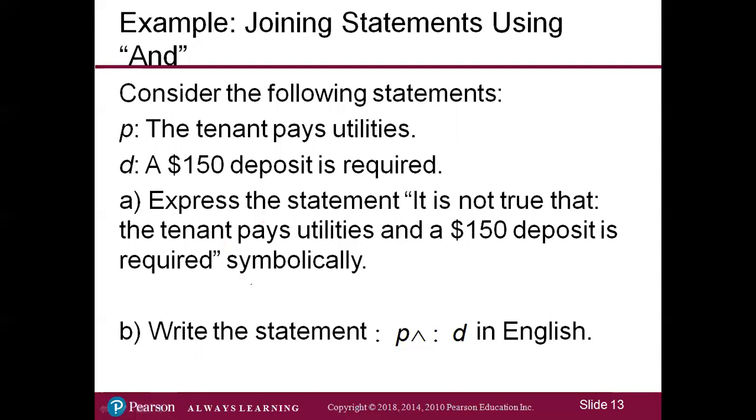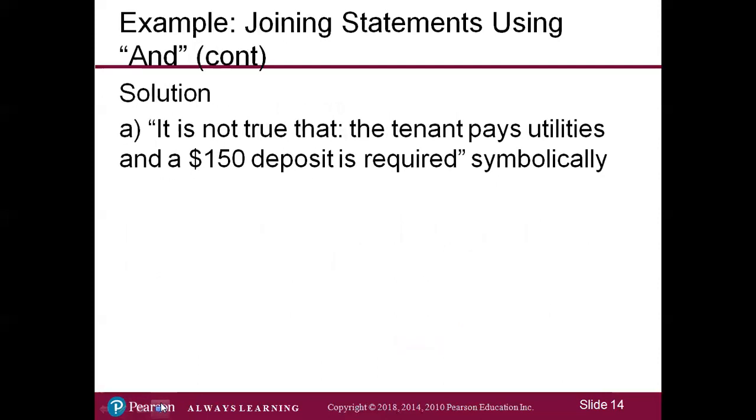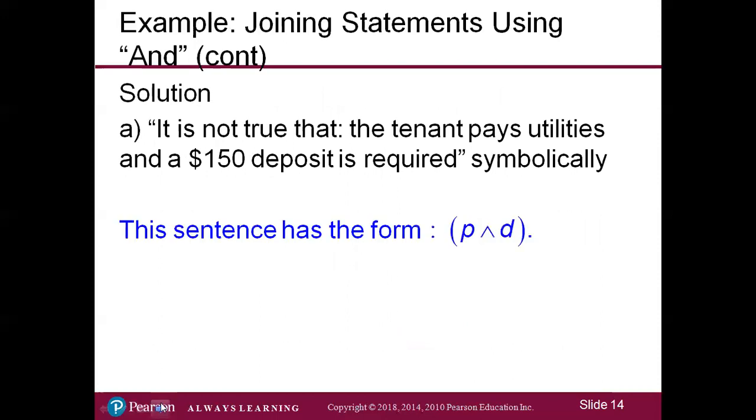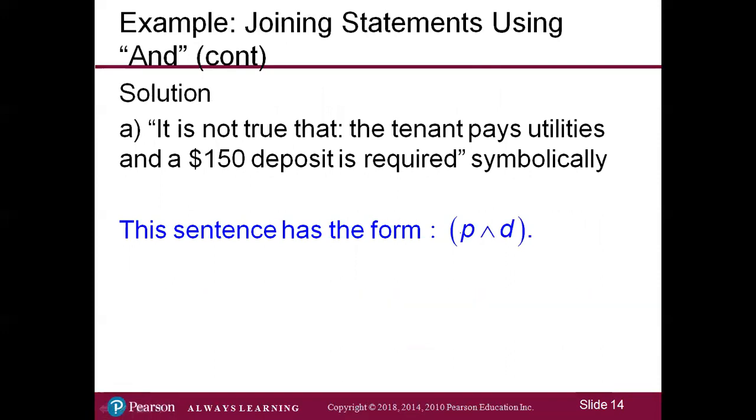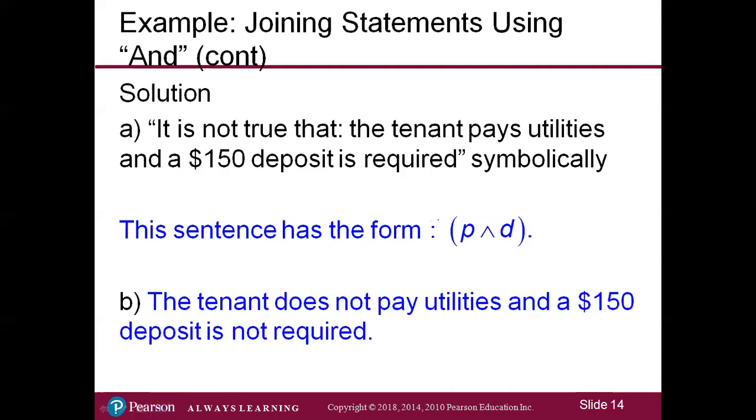When we write this symbolically, we'll write the negation of a set of parentheses, P caret D. The sentence has the form P and D, but their negation symbol is this colon instead of the tilde.